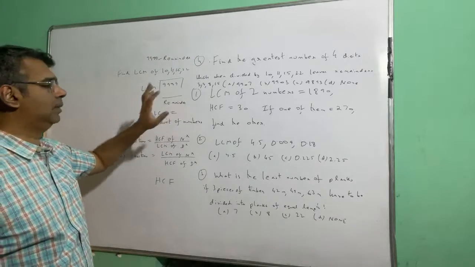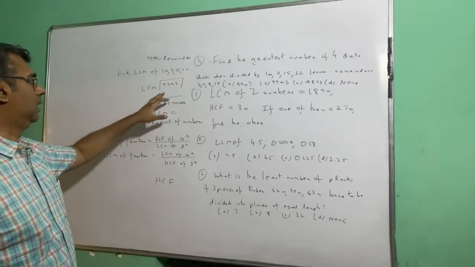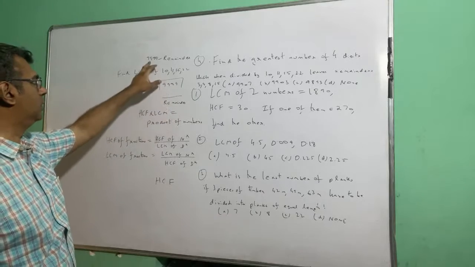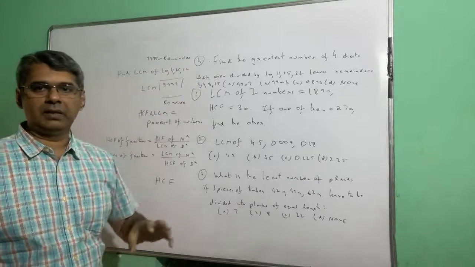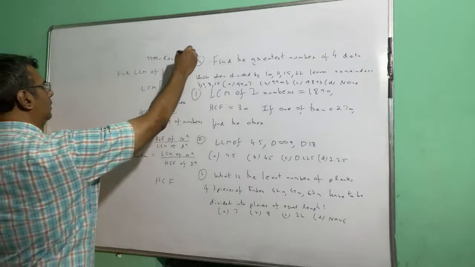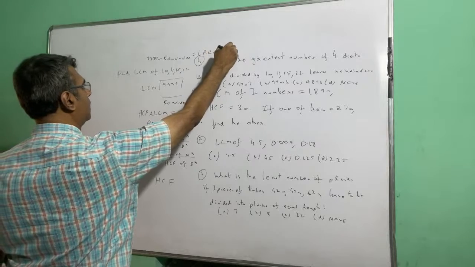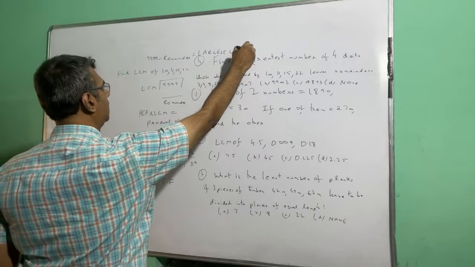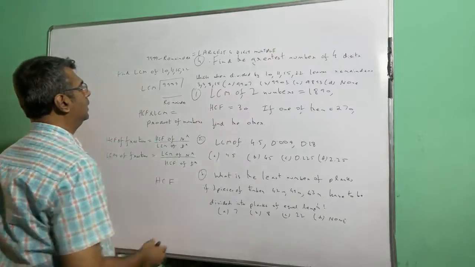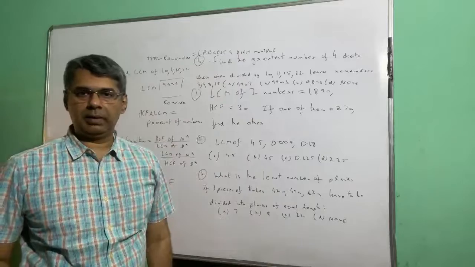If you do 9999 minus the remainder, then you will get the largest 4-digit multiple of these four numbers. Okay? If you do 9999 minus the remainder, you will get the largest 4-digit multiple of these four numbers.